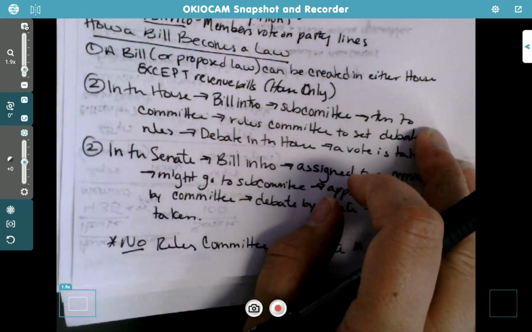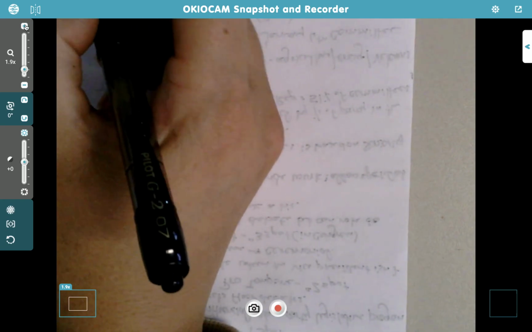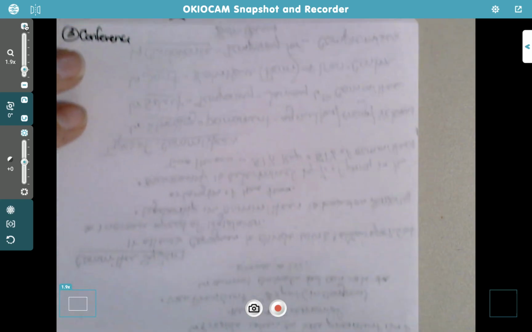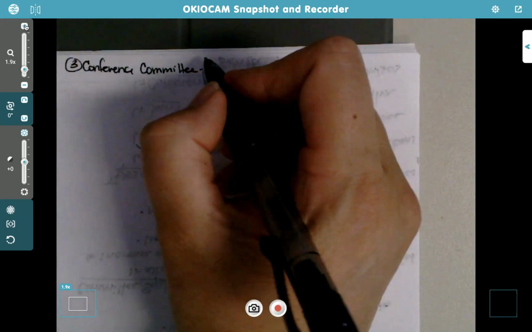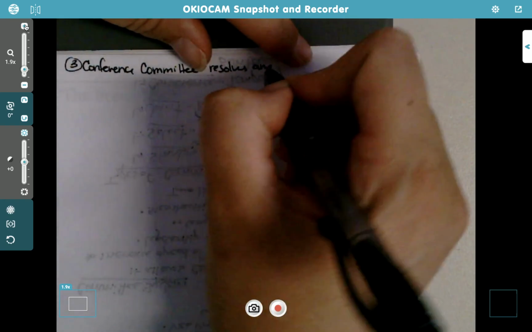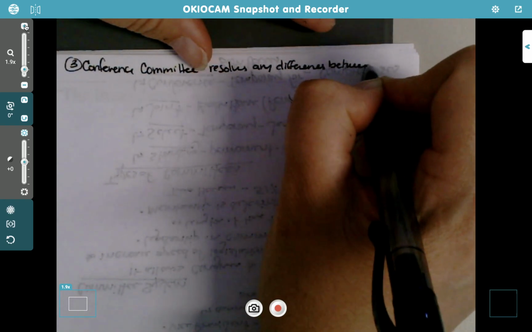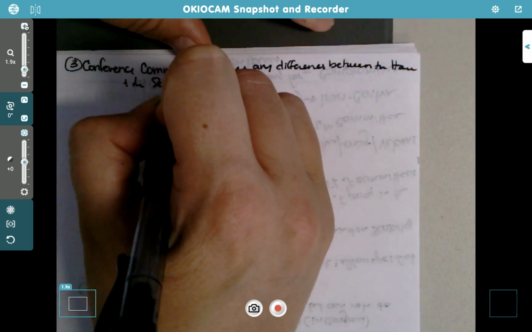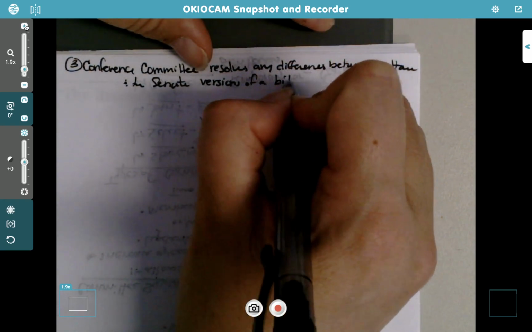All right, last column. Here we go. 3. Conference committee resolves any differences between the House and the Senate versions of a bill.